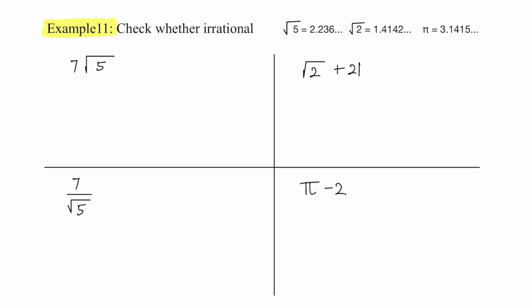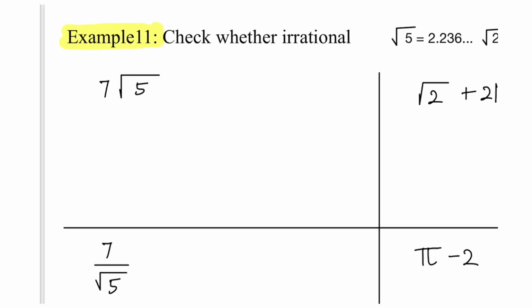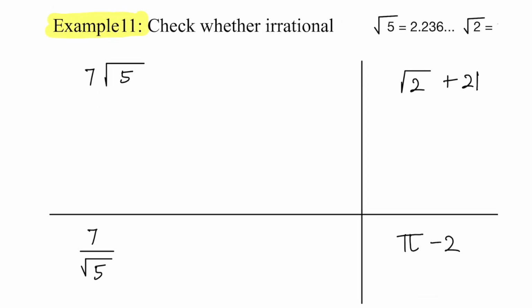Okay, so let us start with the first subdivision here, which is 7 root 5, right? The value of root 5 has already been provided in the question itself. The value of root 5 is 2.236.